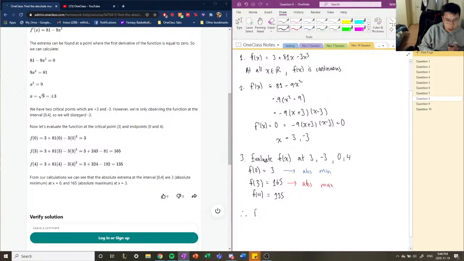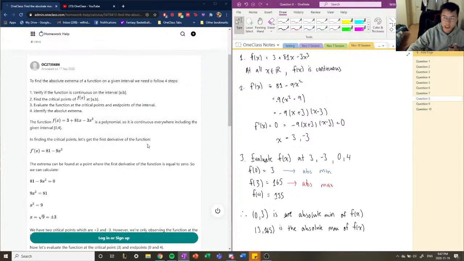So (0, 3) is our absolute min of f of x, and (3, 165) is the absolute max of f of x. Okay?